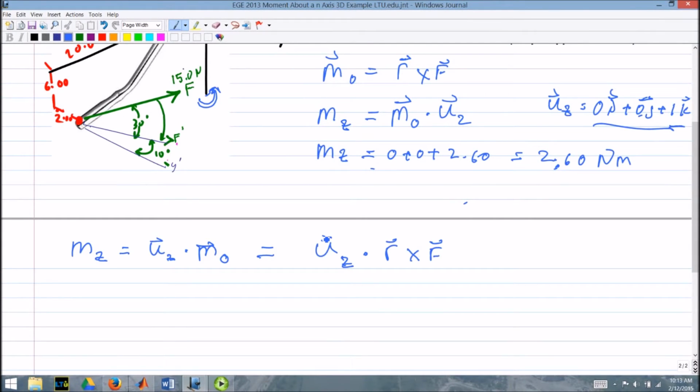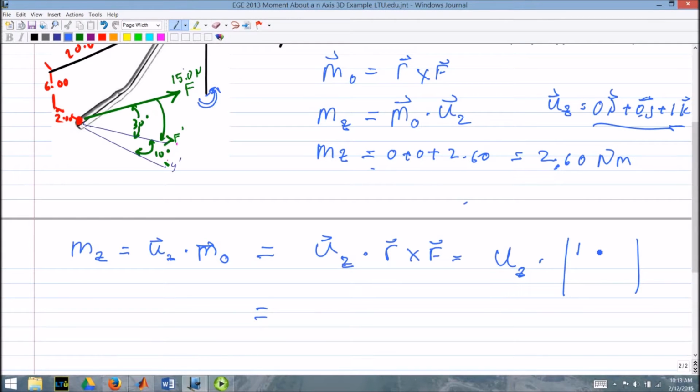So I can write that as the direction vector along the specified axis, u sub z, dot that determinant that we calculated.